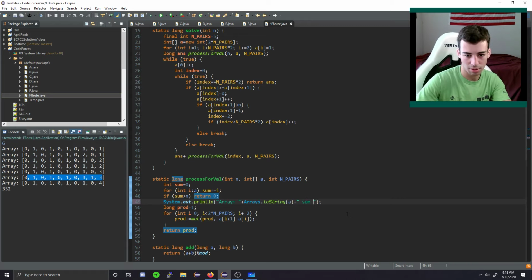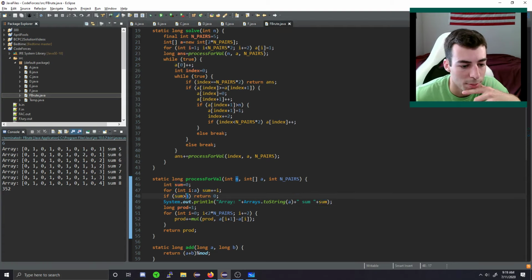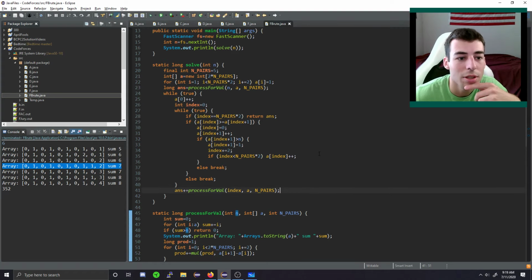So that means we're getting the sum wrong. The sum is greater than n. What is n? N is 6. That is 7, bigger than 6.